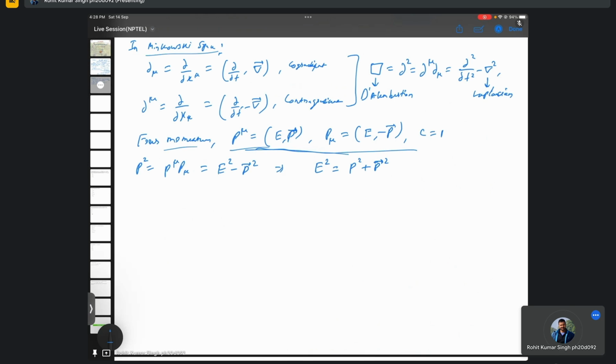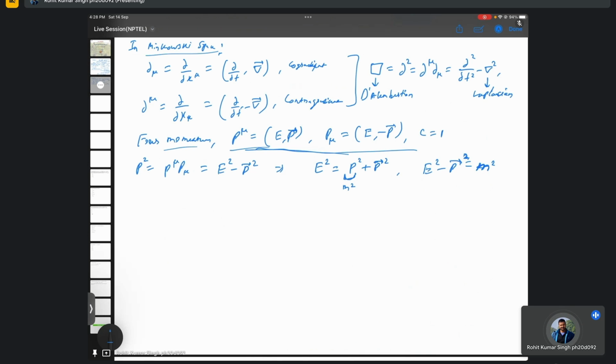And we know that in relativity E square minus p square is equal to m square, right? So this means that this 4-vector product p square is just m square, mass square.